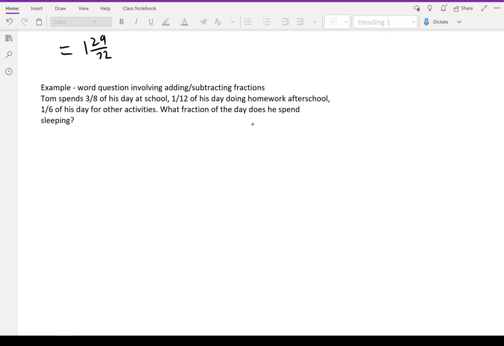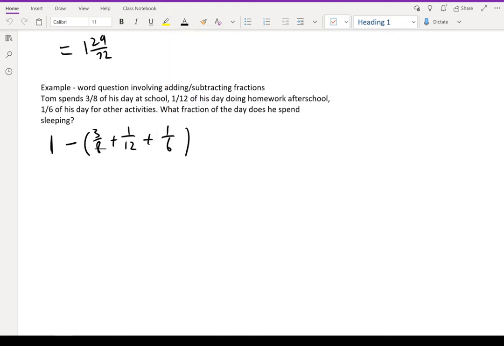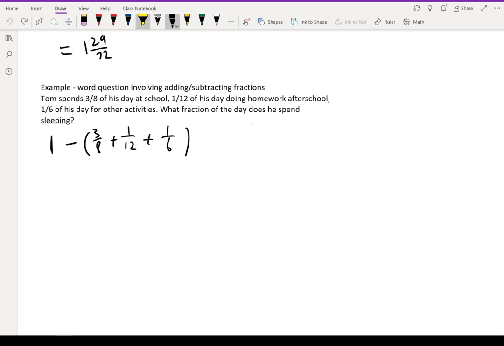If we want to find out the amount of time he spent sleeping, it is going to be 1 full day, that's just 1, minus 3/8 plus 1/12 plus 1/6. And we have to find that. Okay? And so we have to first change all three of these into the same denominator. Okay? So over here, we want these to be the same.